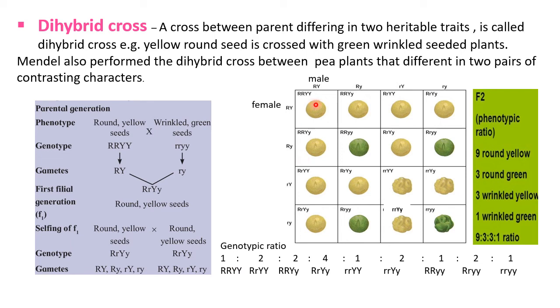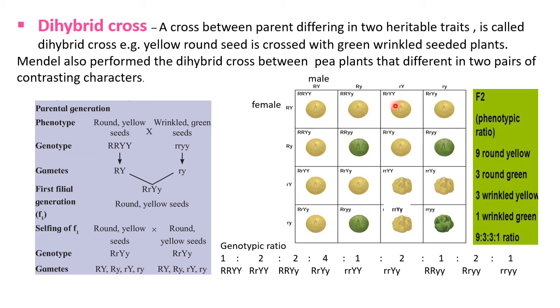Then the next one is capital R, small r and both capital Y. It is found in the ratio of 2. Here we see capital R, small r and both capital Y produced in the ratio of 2.